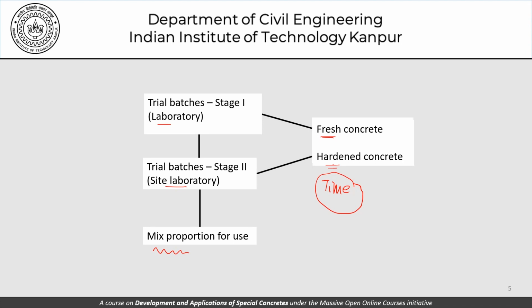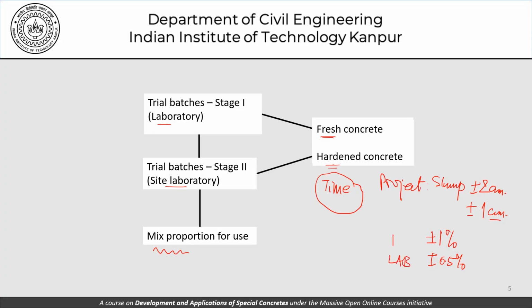Remember that as far as quality control is concerned, we had talked about something: if in the project the allowance given to me in the slump is plus minus 2 centimeters, then in determining the mix in the laboratory, we try to have a window which is only plus minus 1 centimeter. Similarly for air, if I have a window of plus minus 1%, I try to use only plus minus 0.5% kind of a window in the lab.